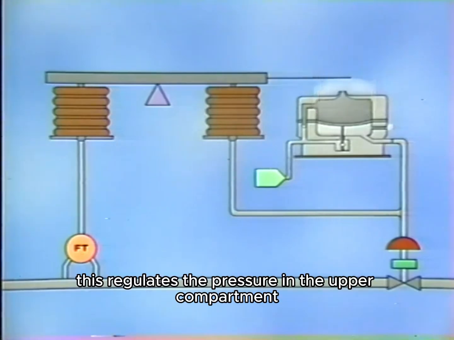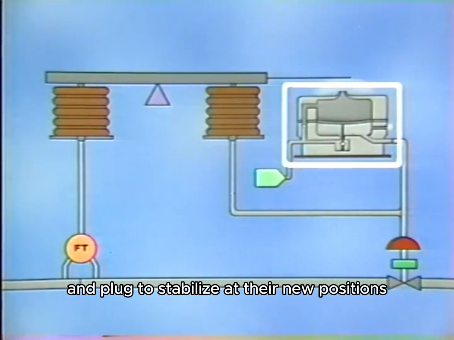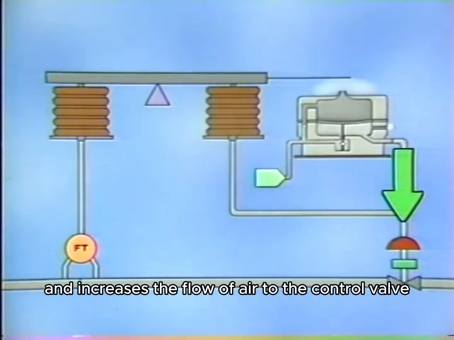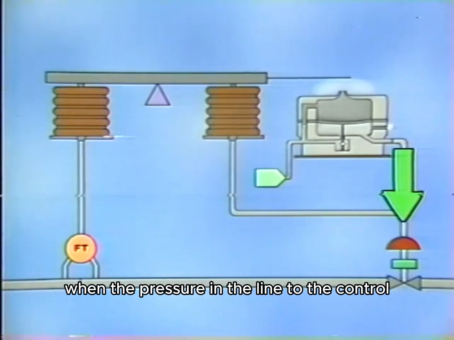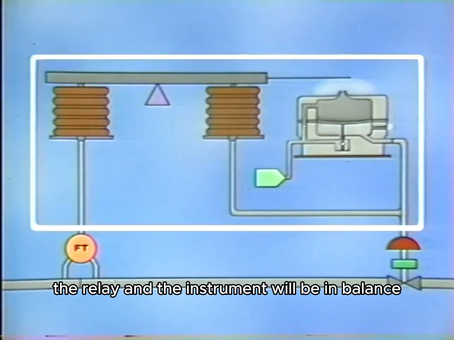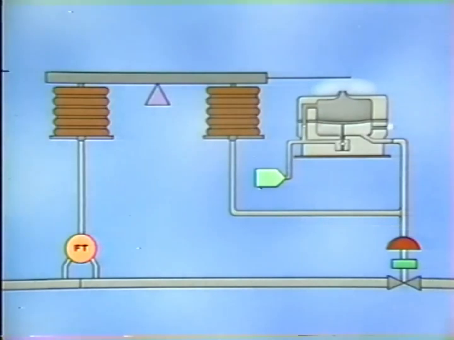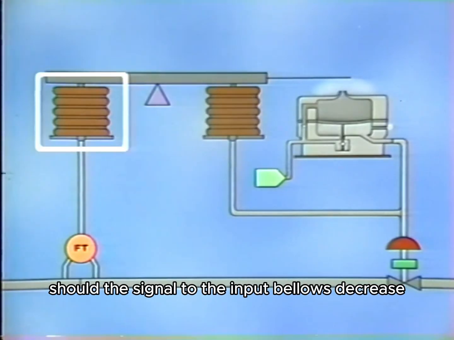This regulates the pressure in the upper compartment, allowing the diaphragm and plug to stabilize at their new positions, and increases the flow of air to the control valve. When the pressure in the line to the control valve reaches the desired value, the relay and the instrument will be in balance.